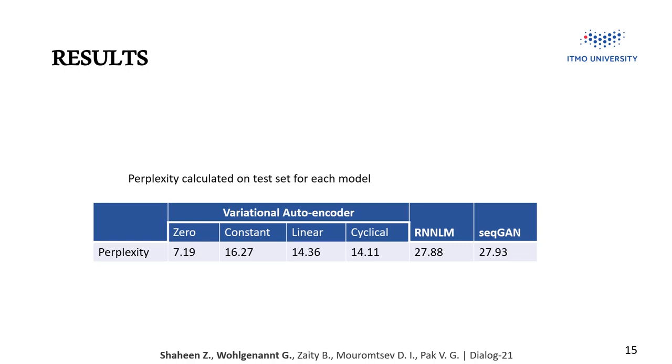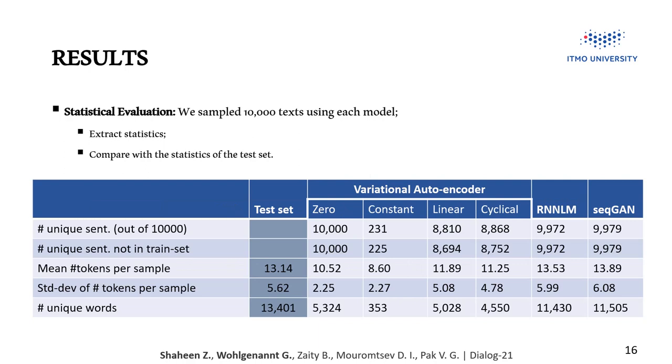RNN language model and sequence GAN show much higher perplexity on test set. For the statistical evaluation, we sampled 10,000 texts using each model, and we extracted the statistics from these texts. We compared the statistics of these samples with the statistics of the test set.